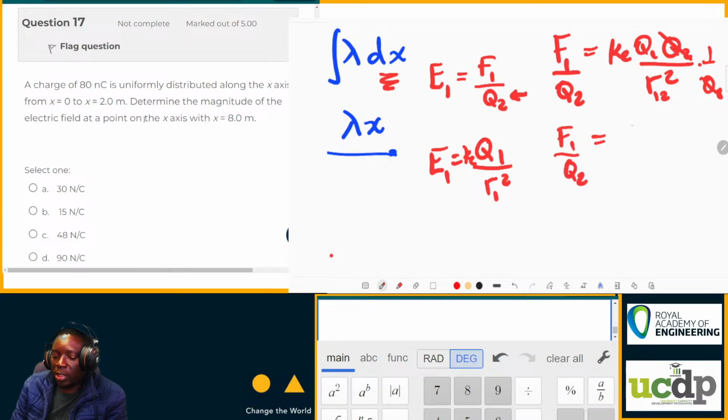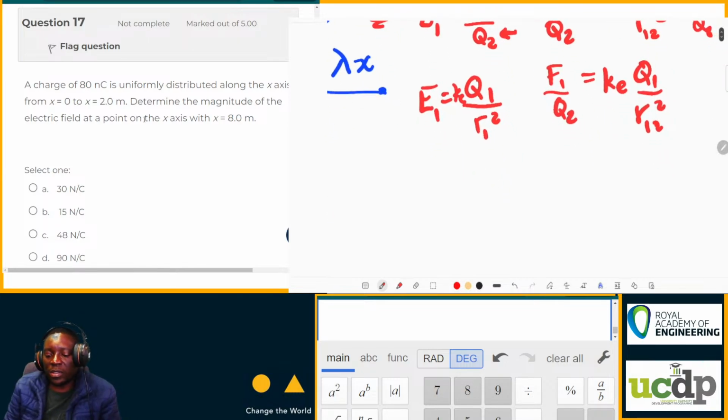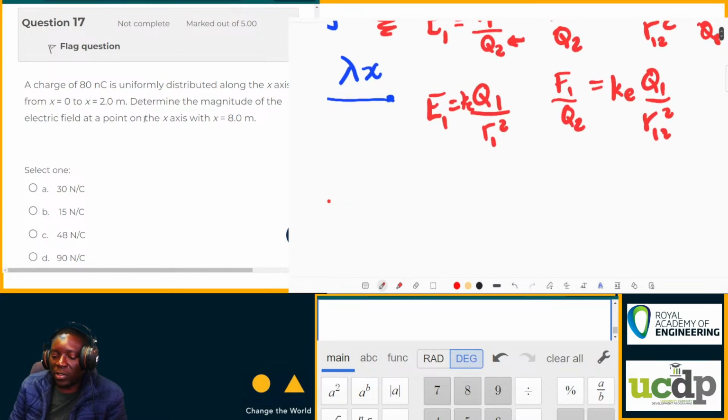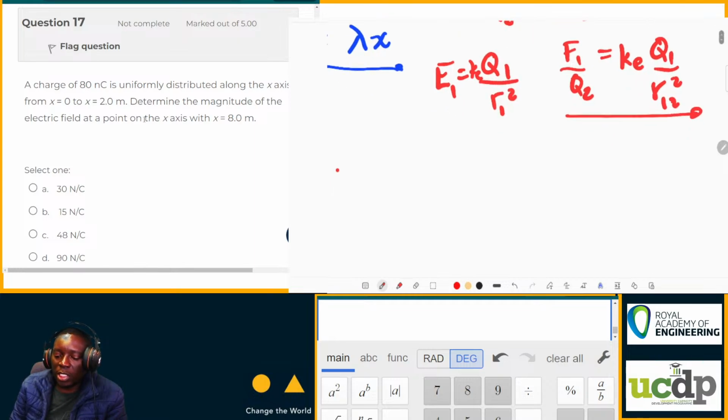The force per unit charge on Q2 will be Ke Q1 over R1 squared. Q2 can be the point at which we are measuring the electric field. So from Q1 to the point of measurement of the electric field, where ideally we will have our Q2 experiencing that same force. So this is the value for the electric field at a given point due to charge Q1.